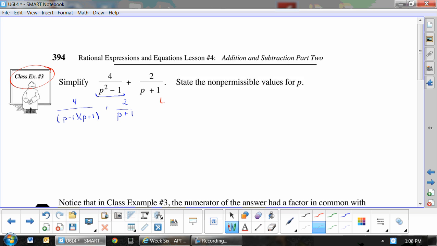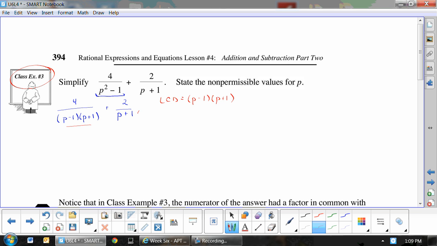Can someone put up their hand and tell me what our LCD is? Our lowest common denominator. Okay, Josh? Perfect. Exactly. So this is awesome because we already have that on this side, so we don't have to do anything more with that first term.